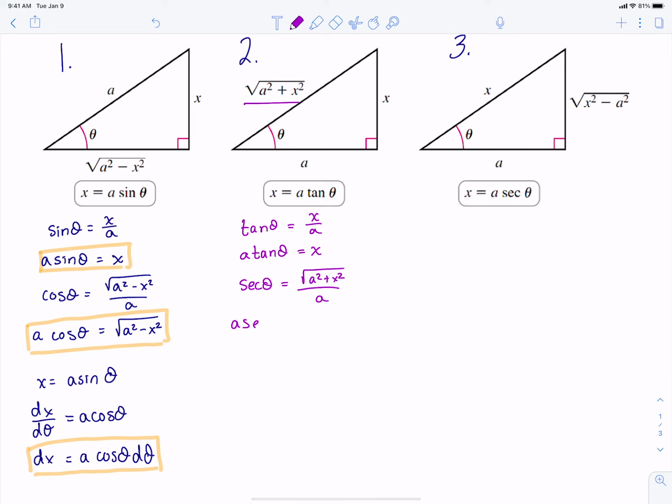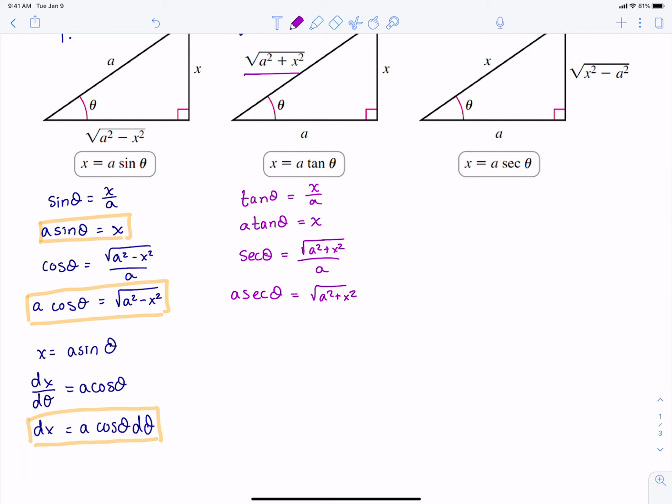You can get to this relationship this way, or you could get to it by taking the square root of a squared plus x squared, and replacing x squared with a tangent of theta, squared. You could factor out the a squared, giving 1 plus tangent squared of theta, and then replace 1 plus tangent squared of theta with secant squared of theta.